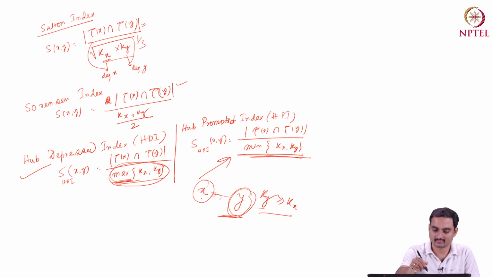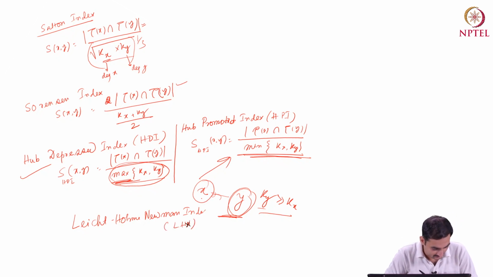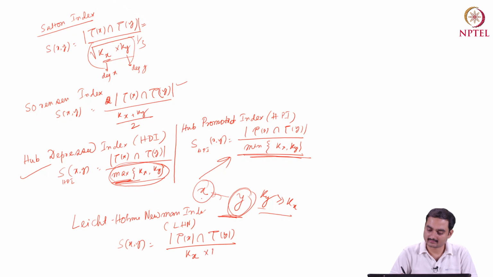But before that, let me discuss another metric which people generally use: the Leicht-Holme-Newman index, LHN. This is kind of similar, the intersection of the neighbors, but the denominator is kx times ky. We have seen average, max, mean, now multiplication.